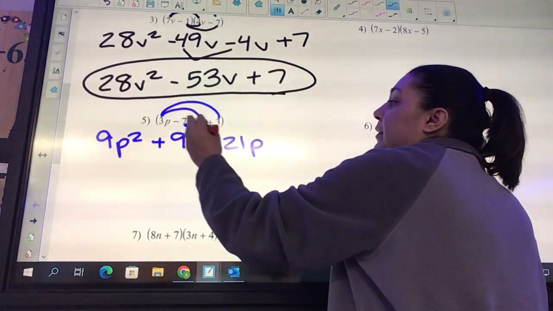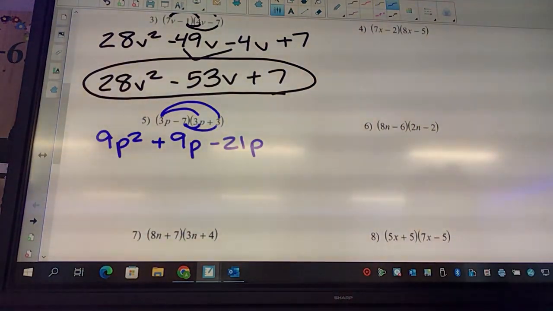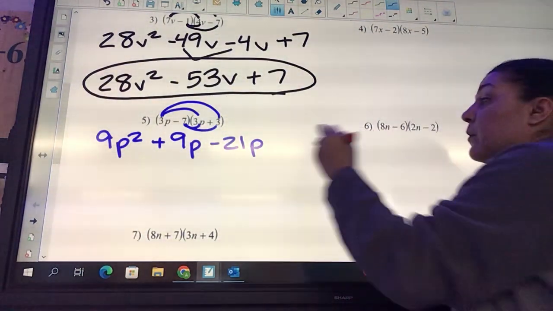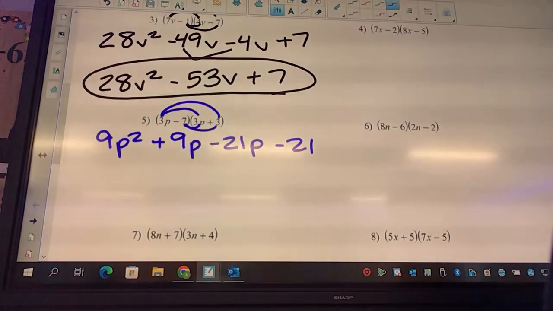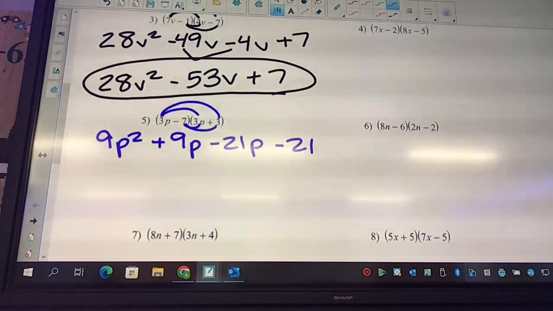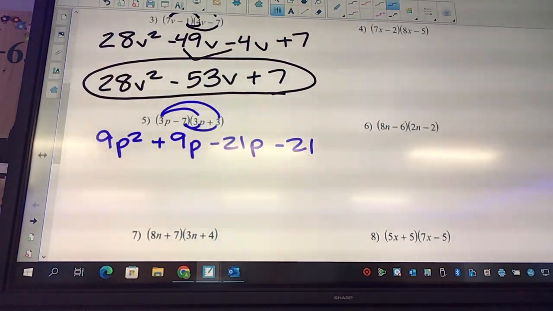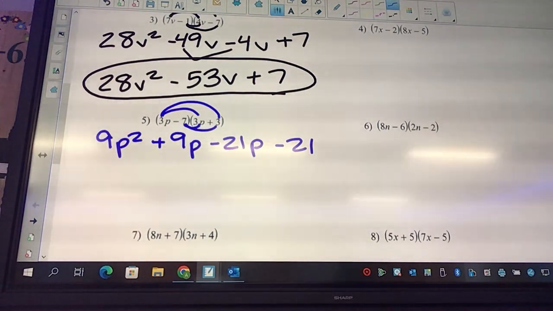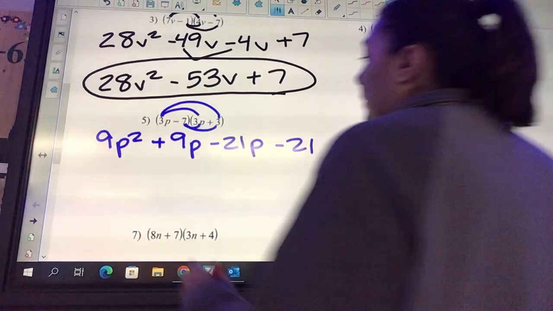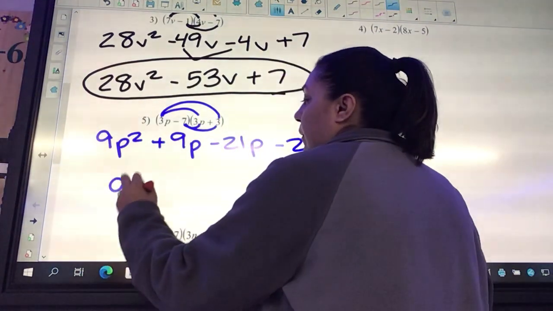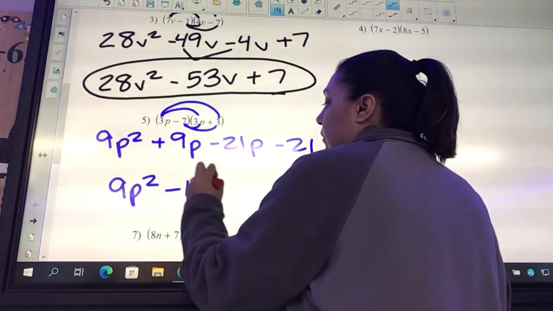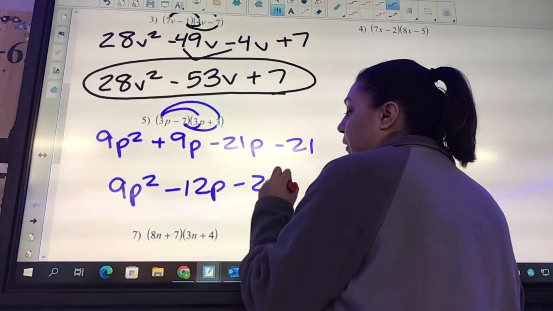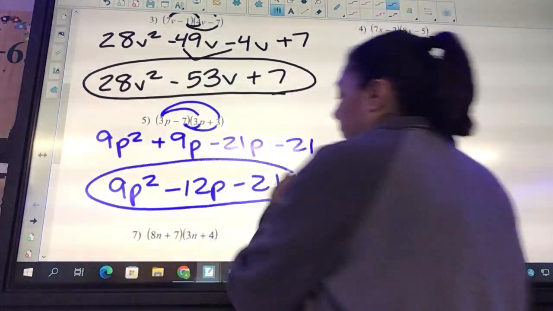And then negative 7 times 3 would be negative 21. What can we combine? The 9 and the negative 21. What is positive 9 minus 21? Negative 12? Somebody agree?